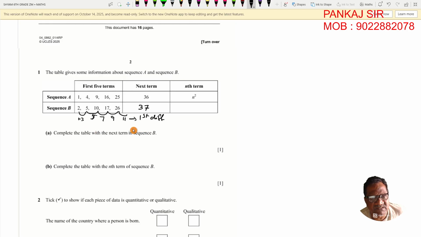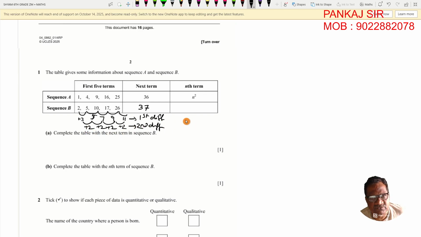But if you do the second difference, you will find that 3 plus 2 is 5, 5 plus 2 is 7, 7 plus 2 is 9 and 9 plus 2 is 11. So in the second row you are getting a common, constant difference, that is 2.